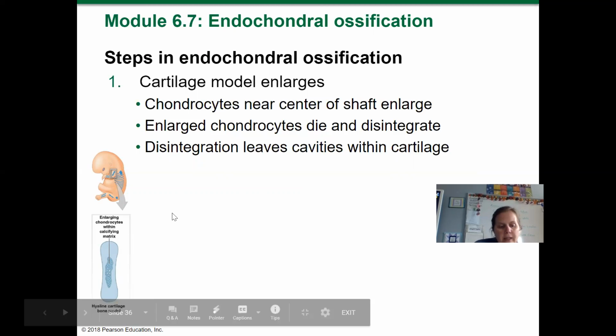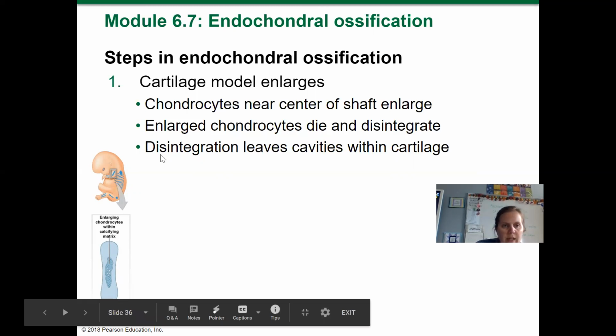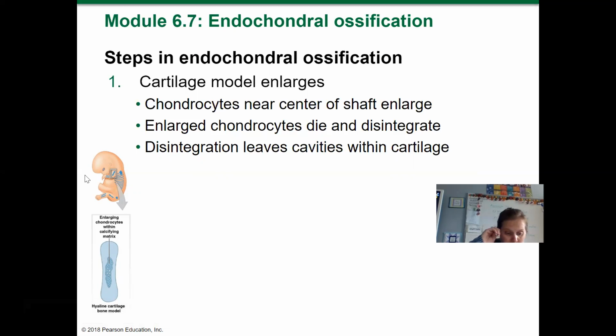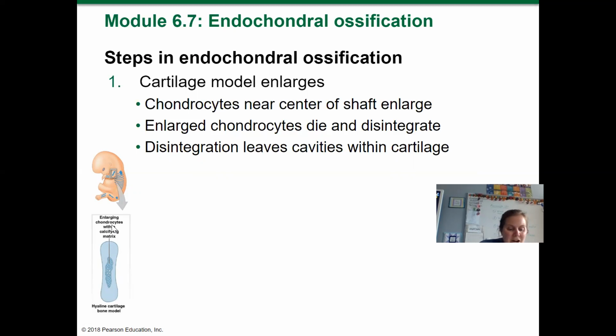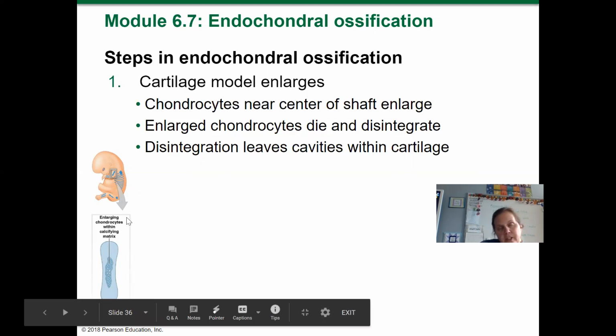If we start at the beginning, when you're looking at a fetus or infant, we're talking about small cartilage models. There are not many articulations; this is a very early fetus.